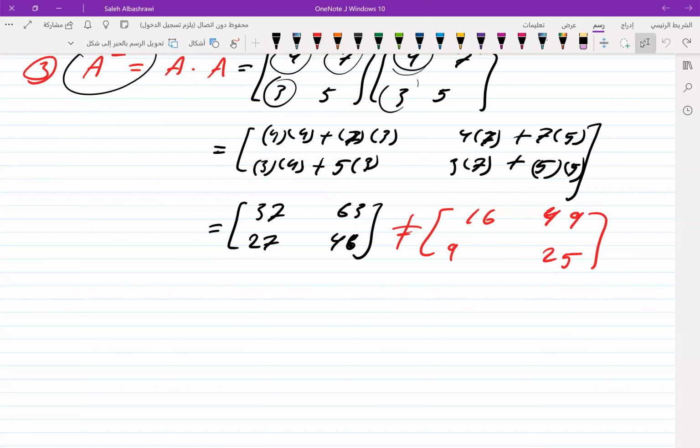So this is the idea of multiplication of matrices A times B or B times A. Changing the order will not give me the same answer of the product. A times B is not equal to B times A, and A square is not equal to the square of each element of the matrix A.